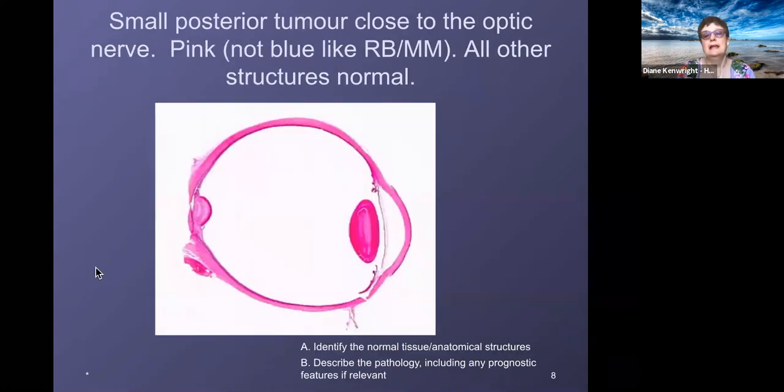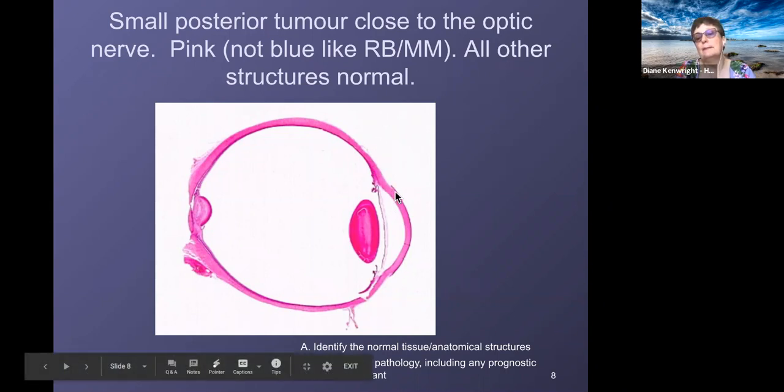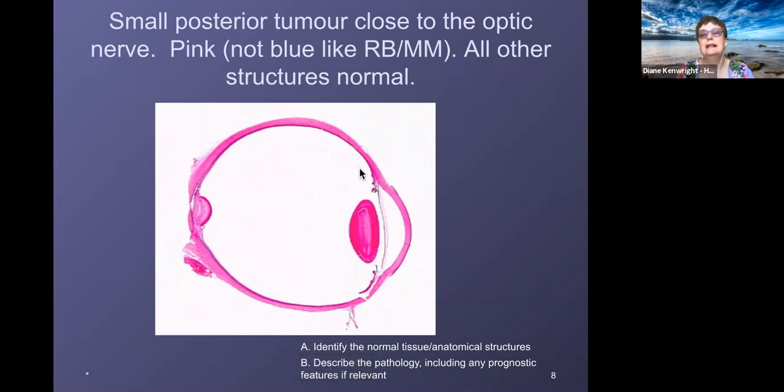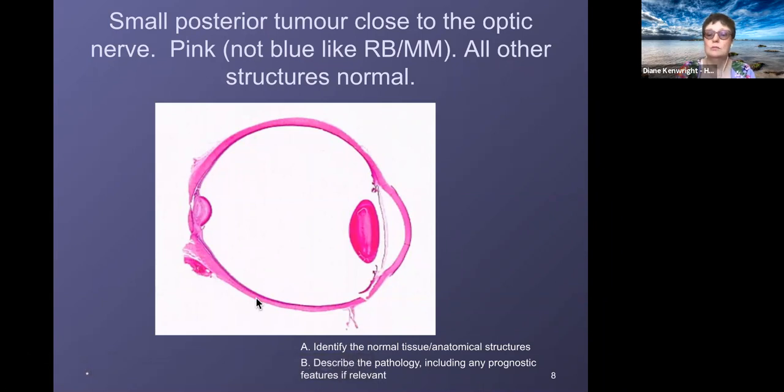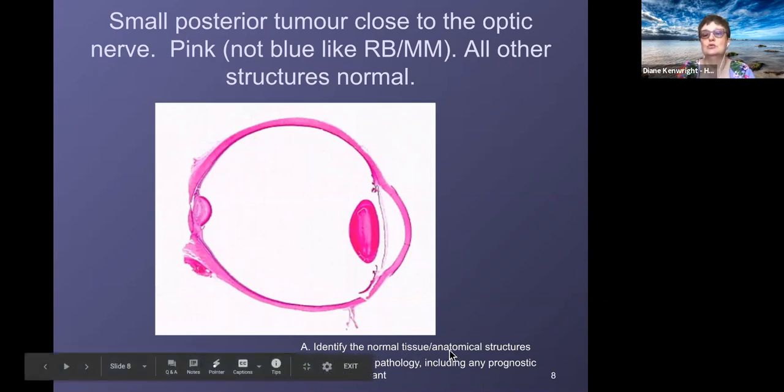Okay, here we go. So this is another example. So here we have a globe and it has a tumor in it, right? So here's the tumor. So we know that all of the anterior segment and lens and everything looks completely normal. Cornea, iris, ciliary body, angles, lens, sclera, and retina until the tumor are normal. We go and put those under normal tissues.